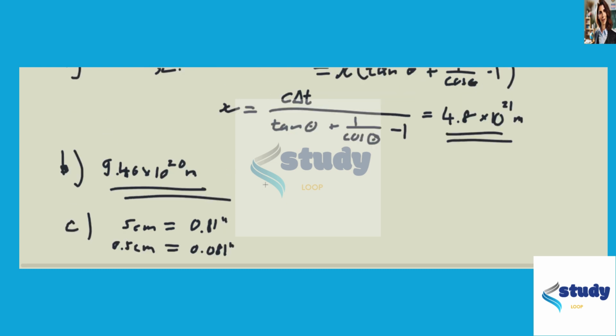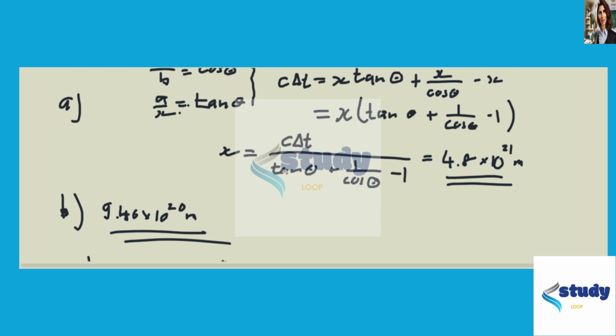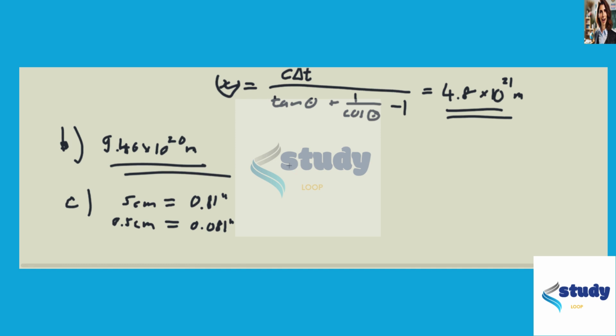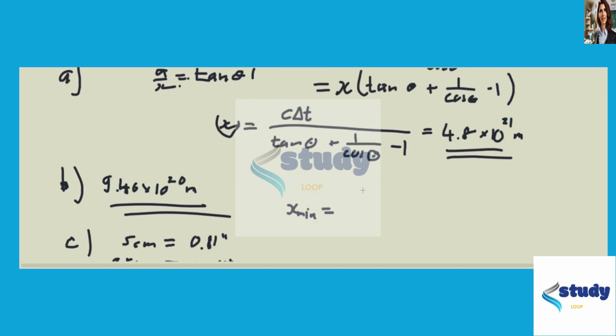And so basically what you do is you calculate the distance x now with x max or x min, right? So let's do x min, and this is going to be the same calculation but with a different angle.